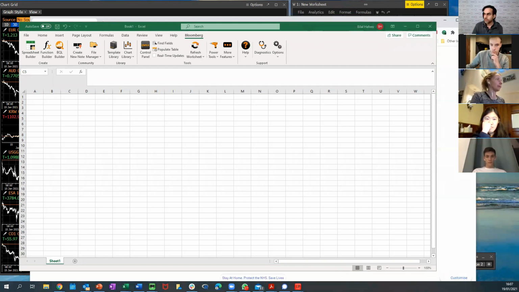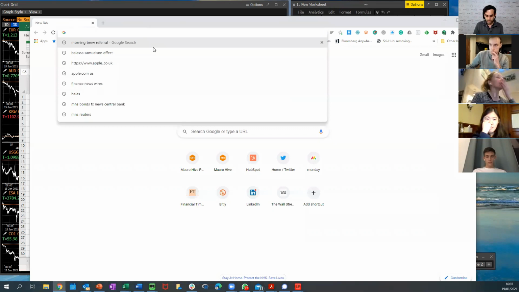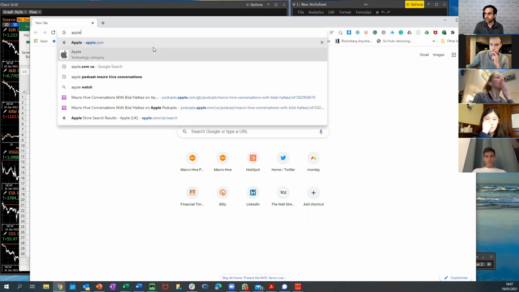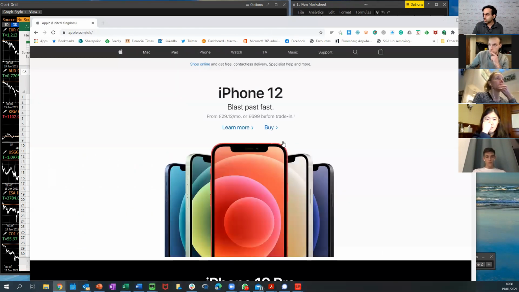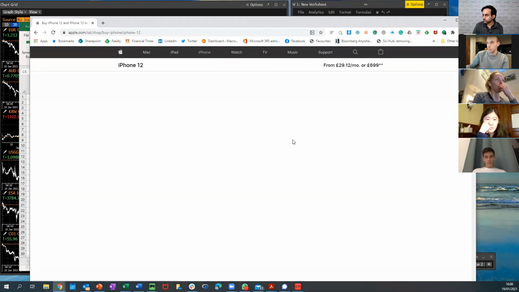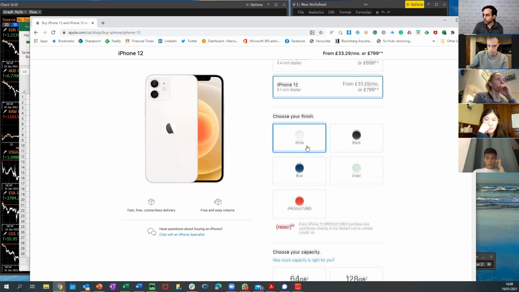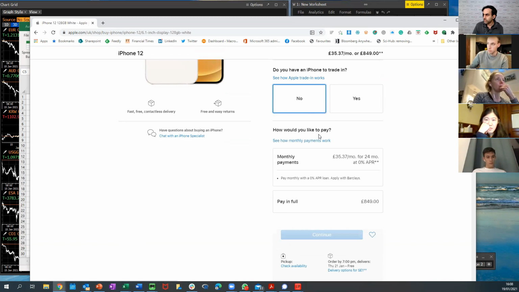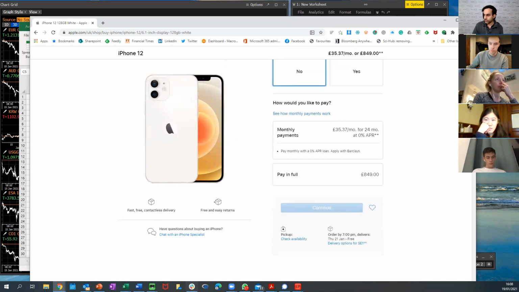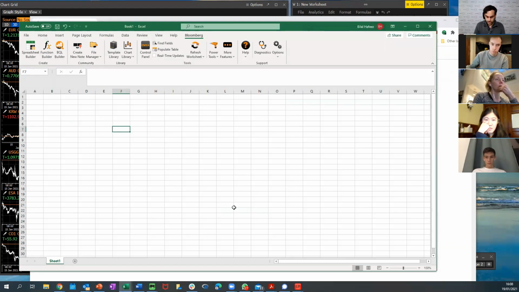So I will go to the UK. iPhone 12, 6.1 inch screen, 128 gig, no trade-in. So you pay £849 for that iPhone.